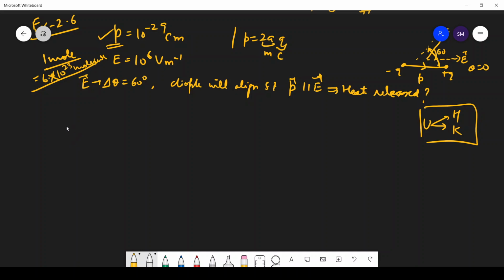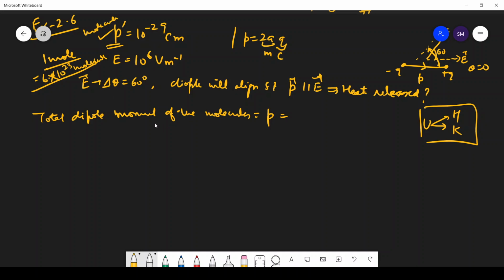What is the total dipole moment of the molecules? This is a vector quantity, but all the dipoles were in the same direction, so they will be added up. So this was for one molecule.